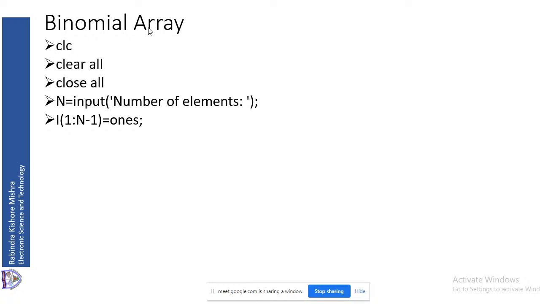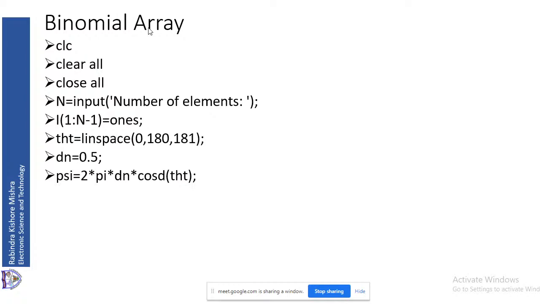You have n minus 1 elements and you are taking them as 1. Then theta is, as in the previous case, 0 to 180 with 181 points linearly equally spaced. And then dn is equal to 0.5, that remains as it is.